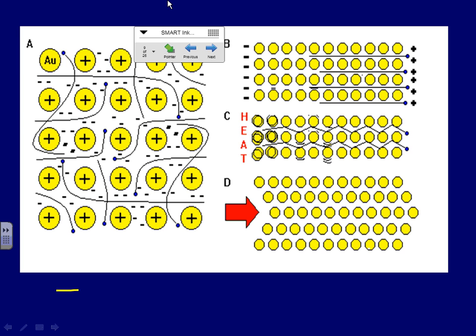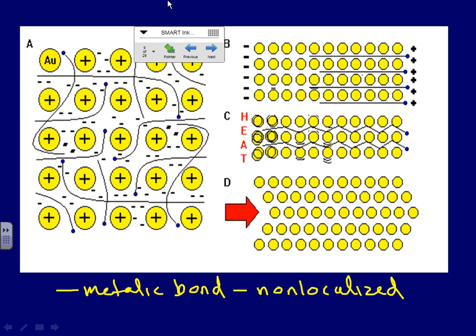So underneath here, to summarize all this stuff that we've been talking about, a metallic bond is non-localized. Non-localized, by the way, for electrons means they can go wherever they want within the bond.